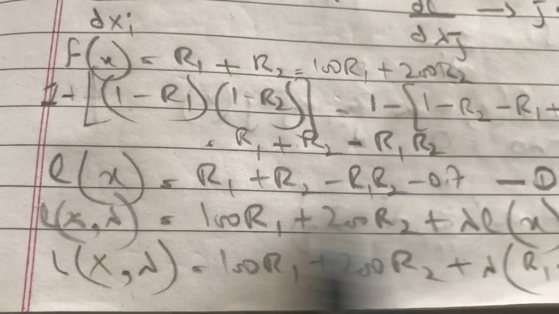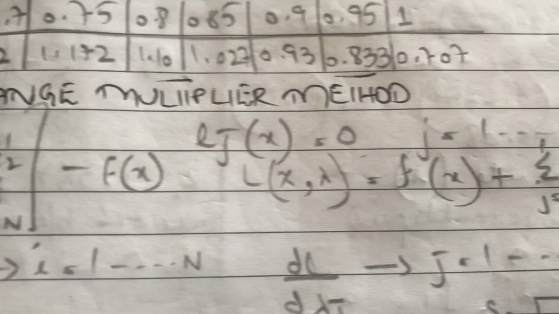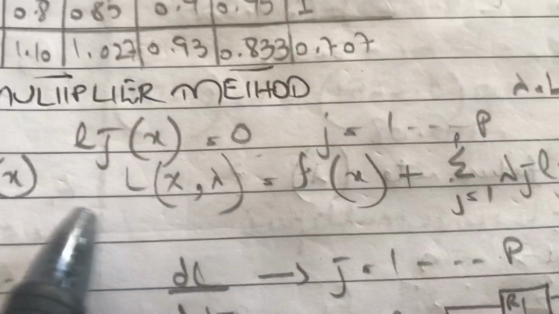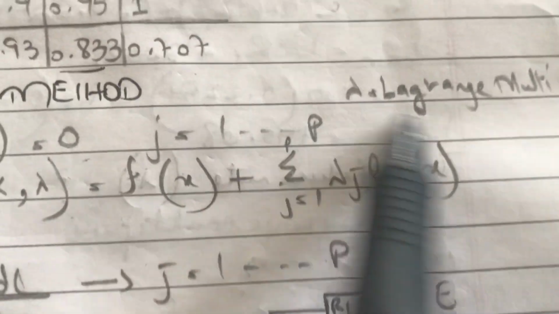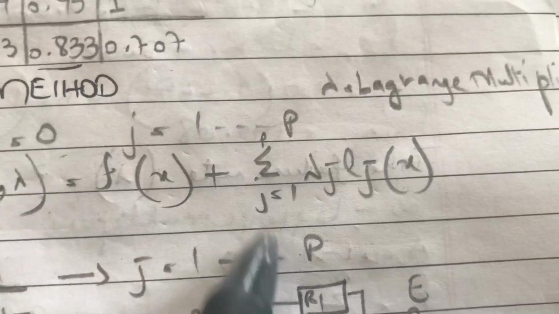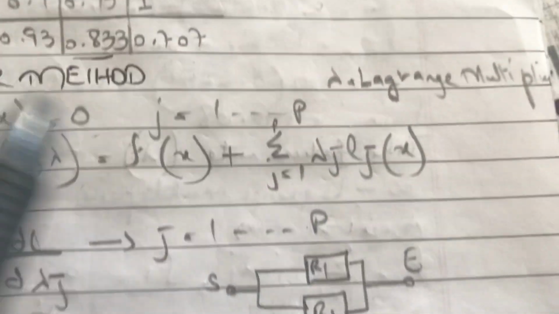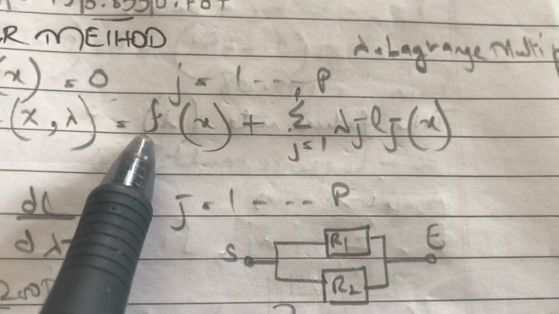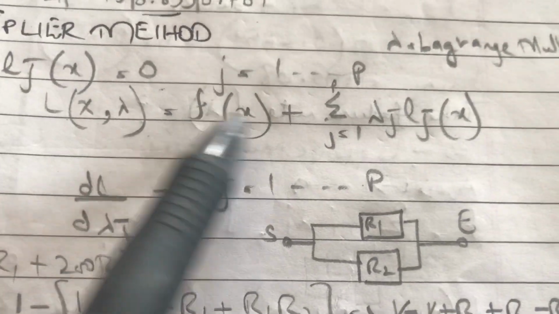Okay, and how can we now represent our equation in the joint probability? Remember, we wrote it above: the joint probability of the Lagrange multiplier is f of x plus the sum from j going from 1 to p of lambda j and Lj of x. So how can we write it in the form of this joint probability? We have f of x.